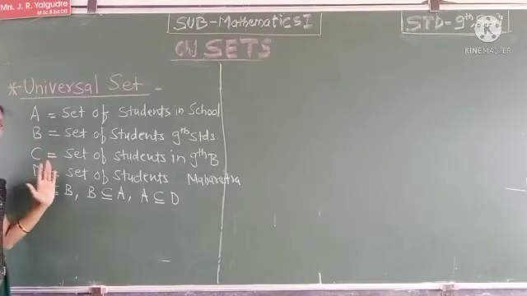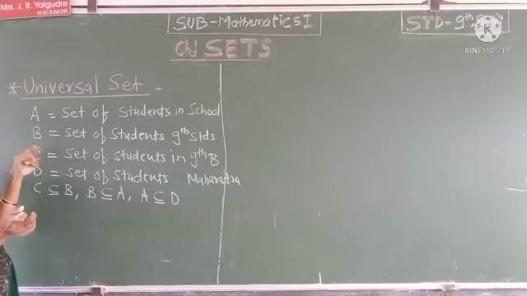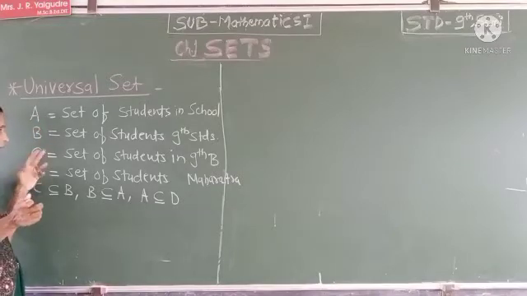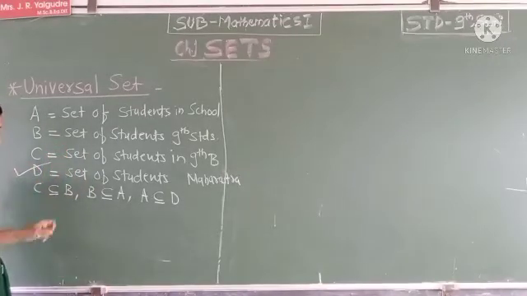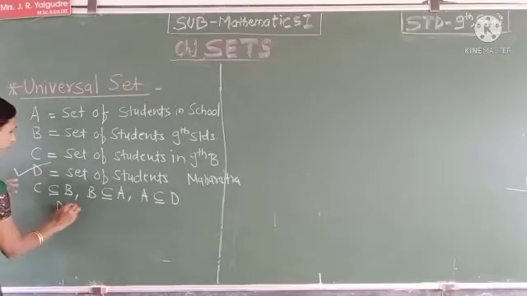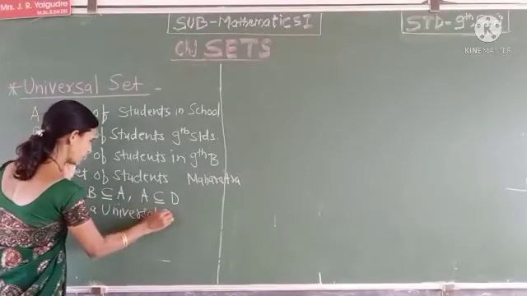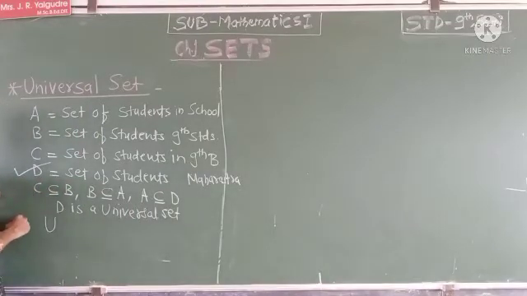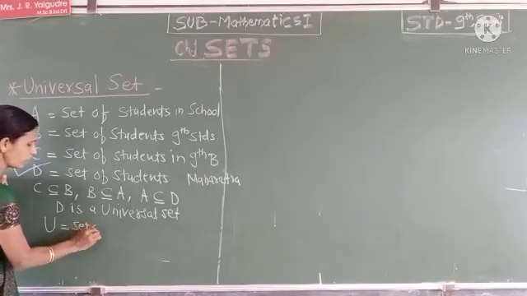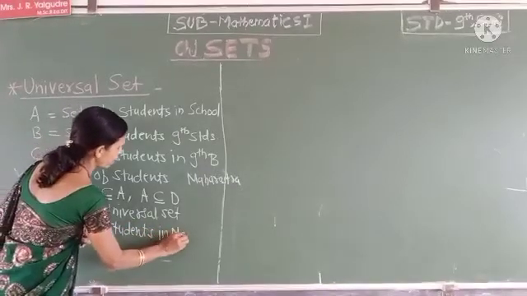But not only the biggest set, the other sets, that is set A, set B and set C, are subsets of that set D. Therefore, D is a universal set. And the universal set is denoted by U. That means here the universal set U is the set of students in Maharashtra.